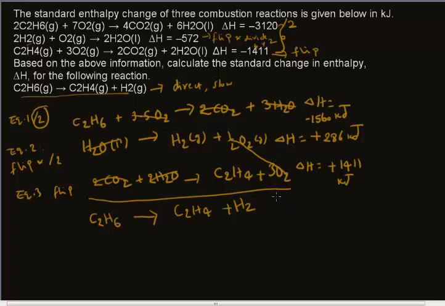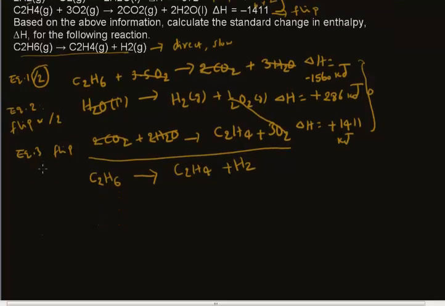But we have the most important task here. We are not done with delta H. Since we added these three equations, we have to add these three enthalpy changes. My final delta H would be negative 1560 kilojoules plus 286 kilojoules plus 1411 kilojoules.